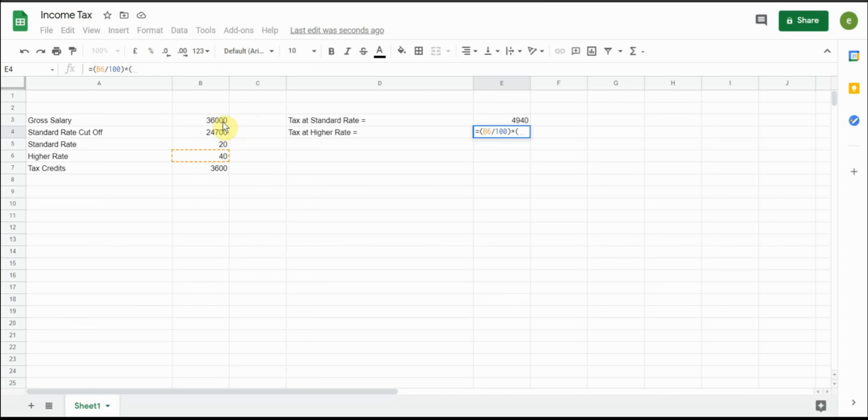So the amount of money in between 24,700 and 36,000 is 36,000 minus 24,700. So this person will have to pay 4,520 euro at the higher rate.